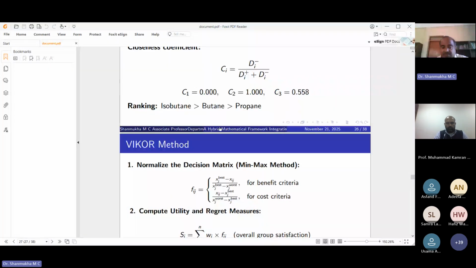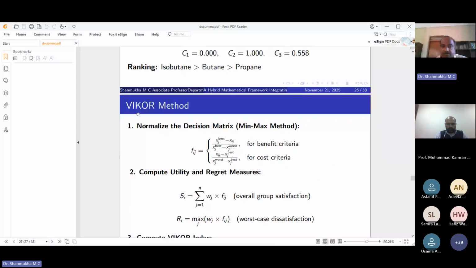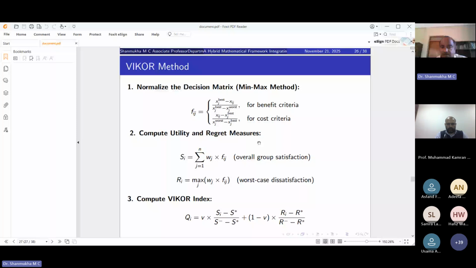Next, we move on to the second method called the VIKOR method. The procedure or steps followed by the method: first, normalize the decision matrix. Here we use the minimax method. So first, Fij is equal to (xj best minus xij) upon (xj best minus xj worst) for beneficial criteria. Then (xij minus xj best) upon (xj worst minus xj best) for cost criteria.